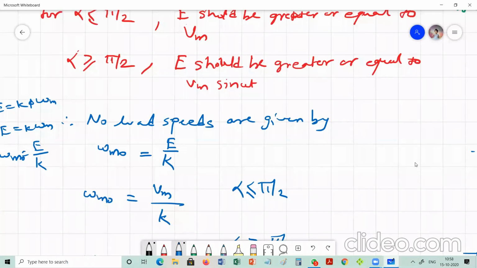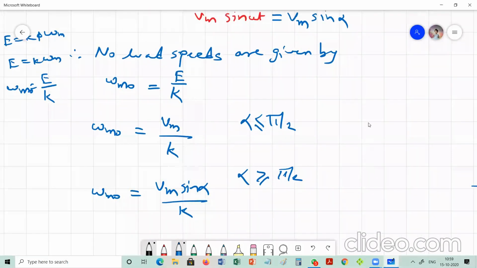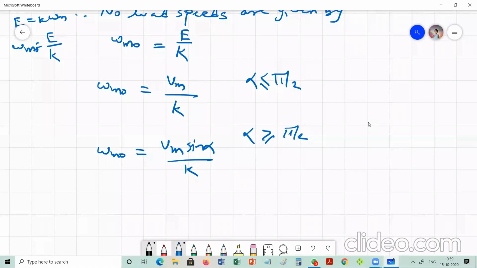And when omega t is equal to alpha, I can write here, instead of Vm sin omega t, Vm sin alpha. So we have two equations of no load speed. For alpha less than or equal to pi by 2, no load speed is Vm by k. And for alpha greater than pi by 2, omega m0 is equal to Vm sin alpha by k.